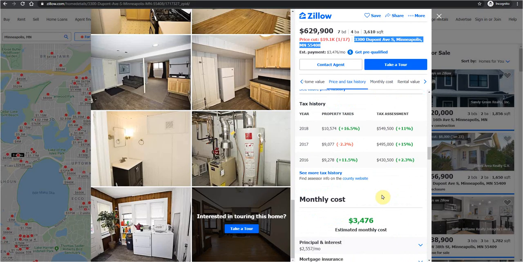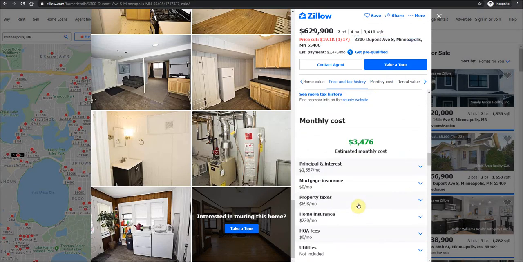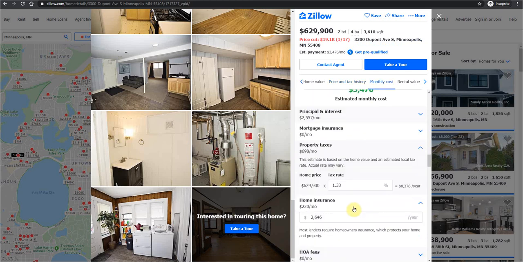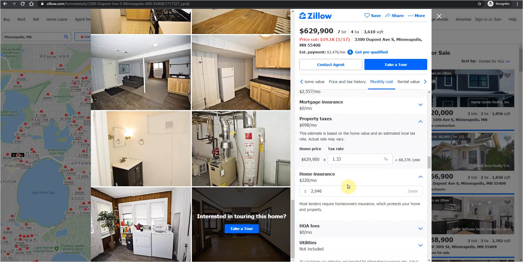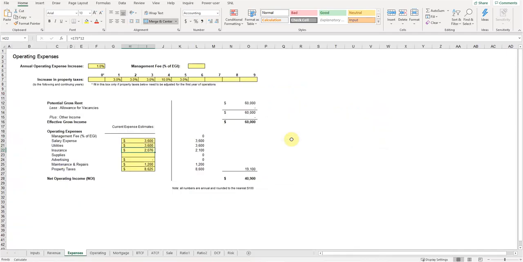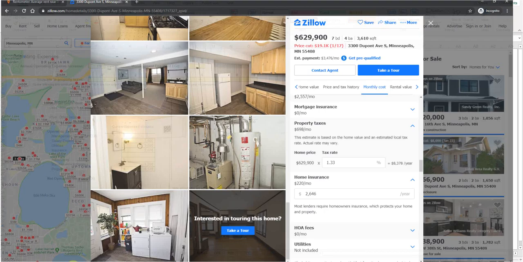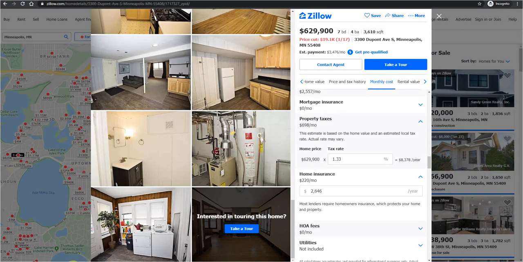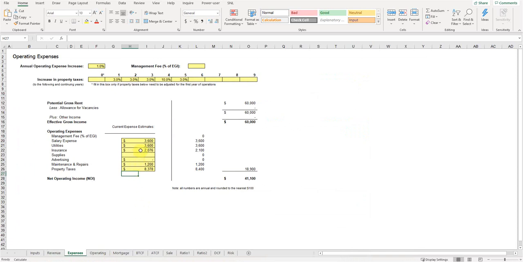Insurance is surely not $2,076. Let's get the exact. Home insurance is $220 based on Zillow. This is a good starting point. Let's assume that, and then the property taxes are about $83.78 per year. $83.78 per year. And then home insurance at $26.46.